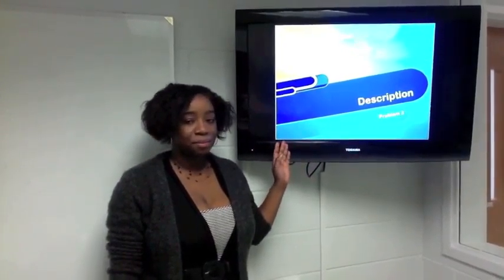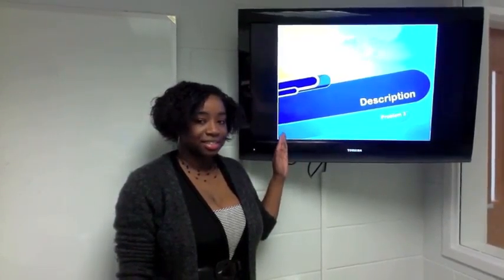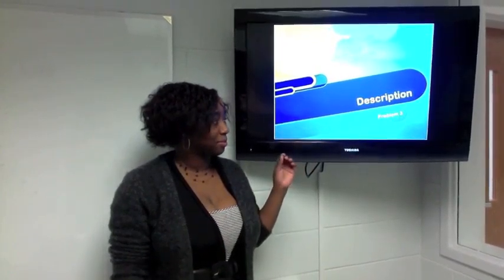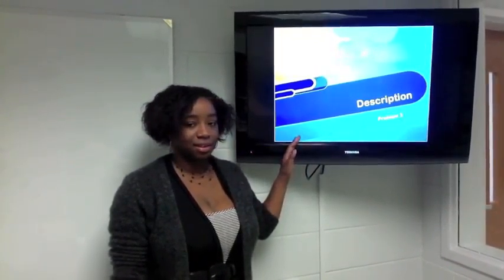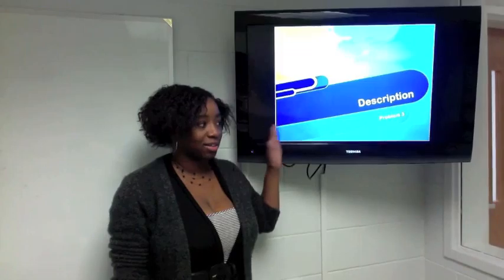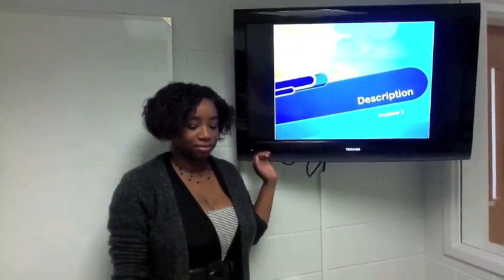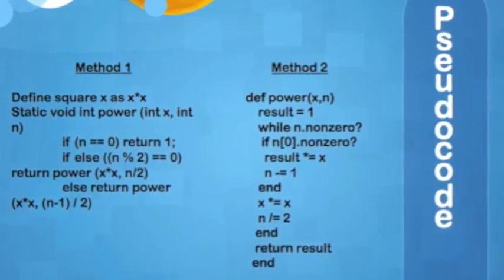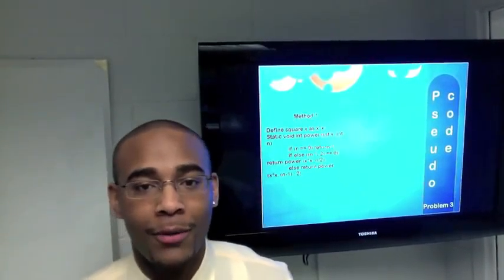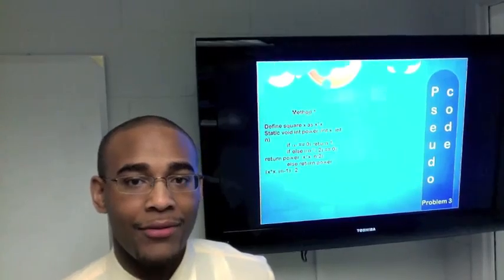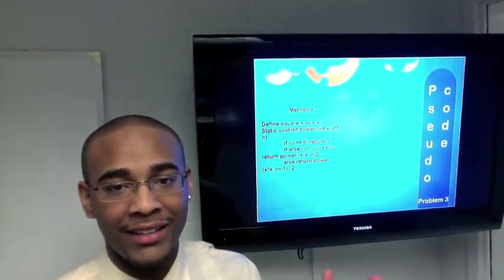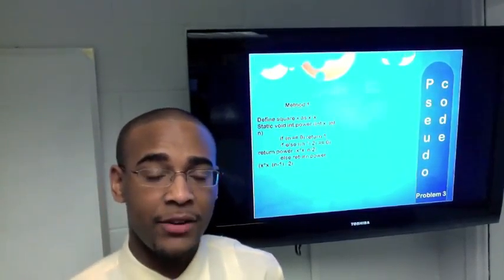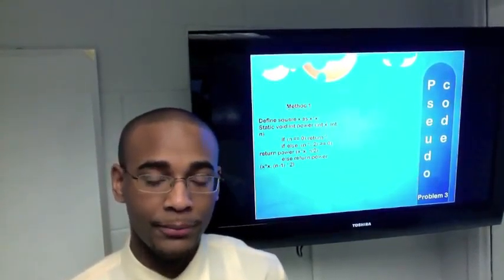Okay. In problem 3, basically it takes two integers, y and z, and passes them to a method that computes what y is when it's raised to the z power. So for the pseudocode for problem 3, we bring in int x and int n, and if n is 0, then we return a value of 1.